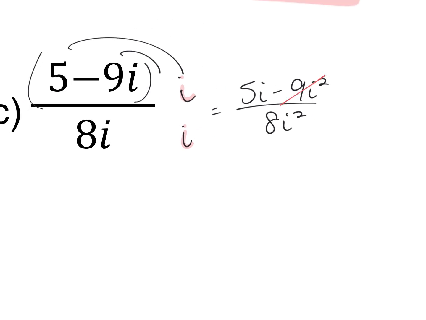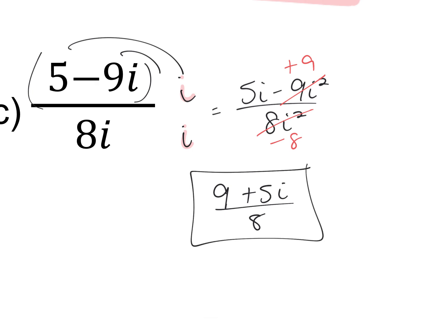Let's clean it up. Negative 9i squared is going to be positive 9. 8i squared is going to be negative 8. So I'm going to write it all together. 9, write your real number first, plus 5i over 8. Good.